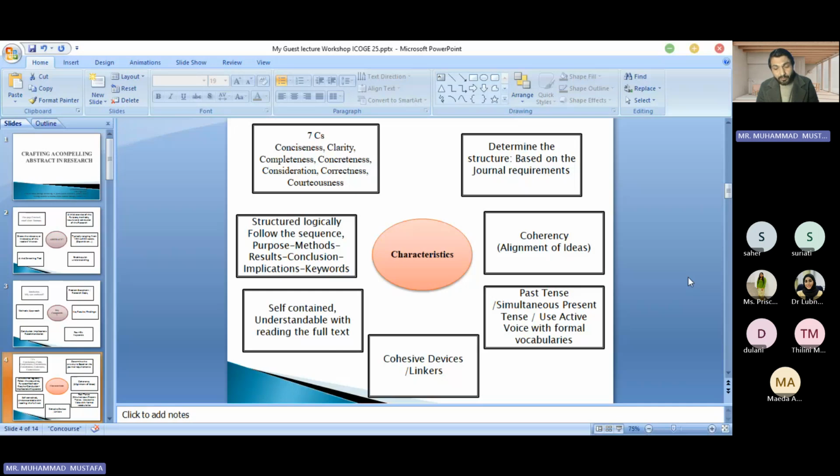There are some specific software packages, so we have to mention the name of the software as well. Maybe you will also be using other data collection tools like focus group discussions or focus group interviews in your qualitative research.